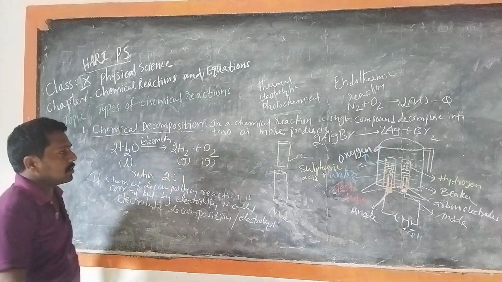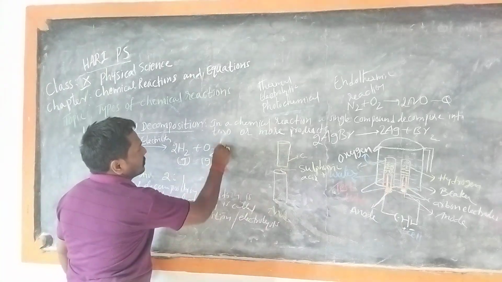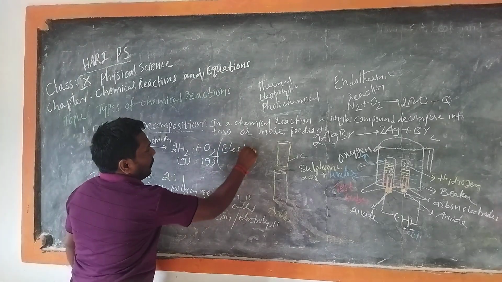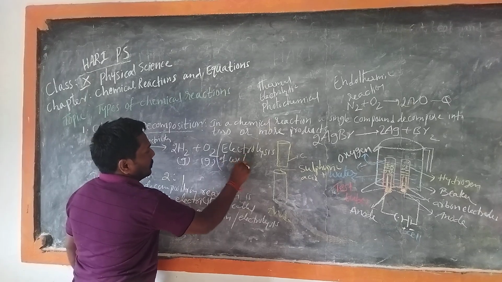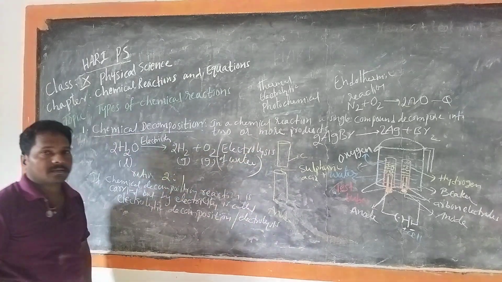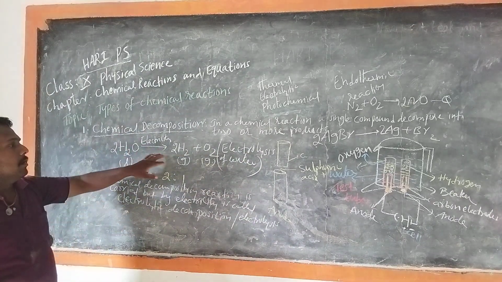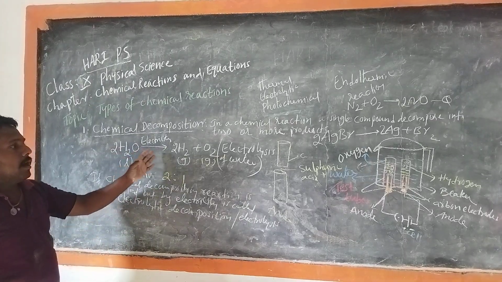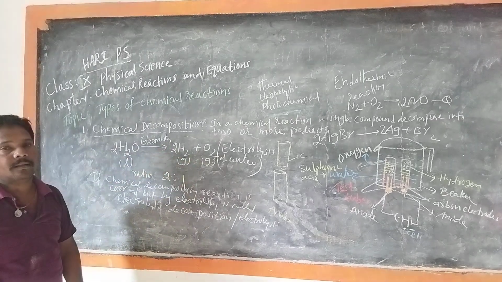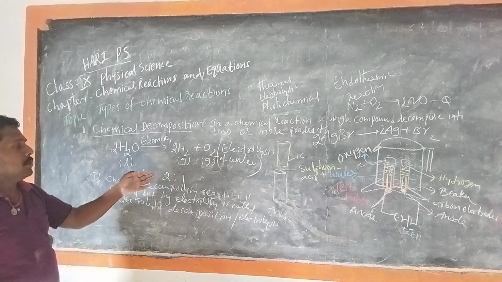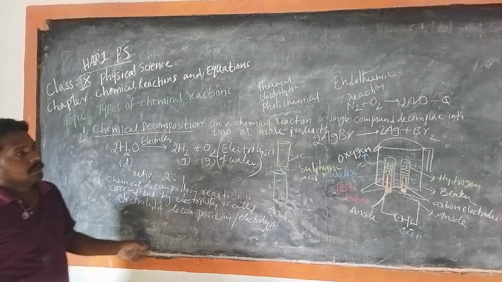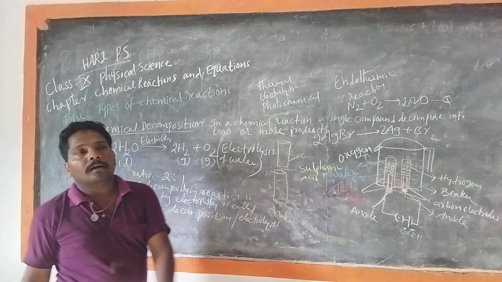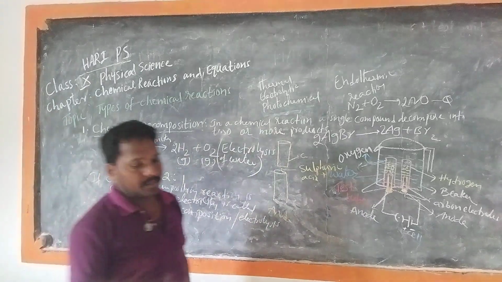Such a reaction is called electrolysis of water. During this reaction, the hydrogen and oxygen ratio is 2:1 by volume.